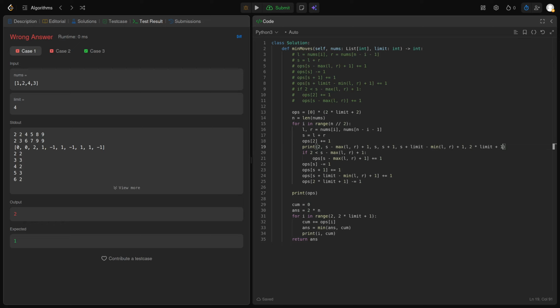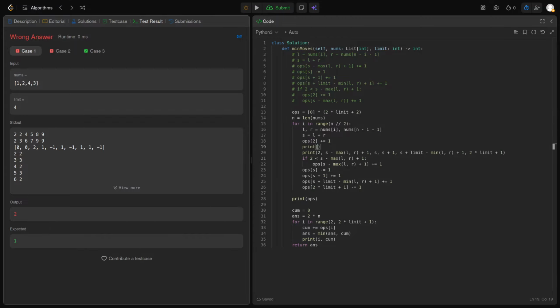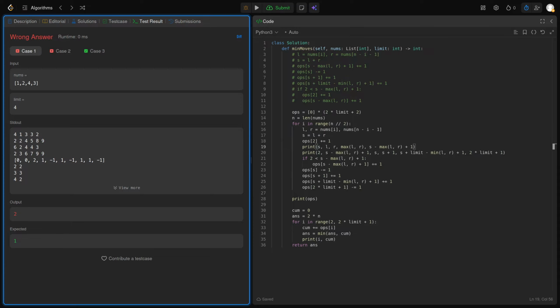Their sum is 6. Subtract the maximum, you get 2. Six, 2, 4, 4.